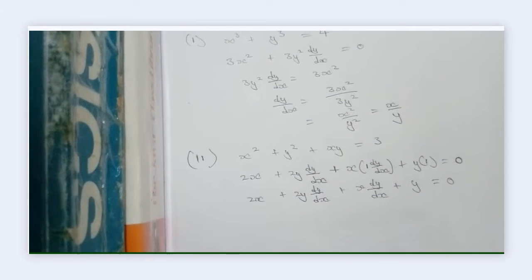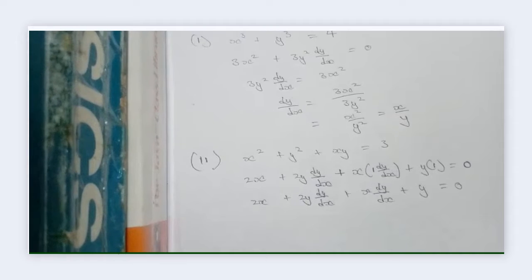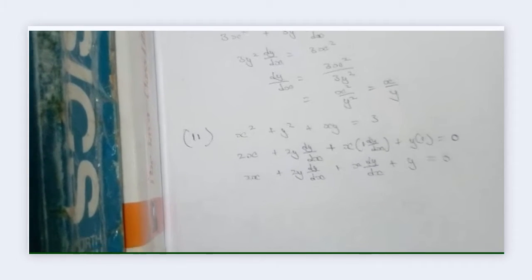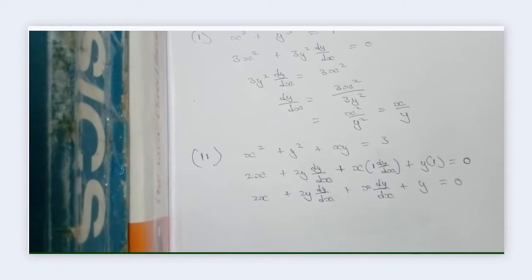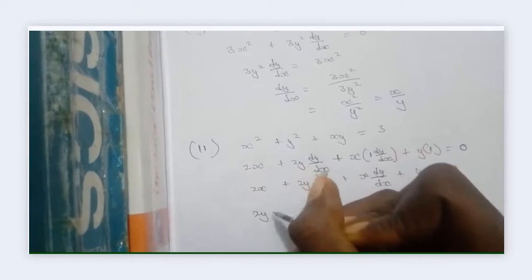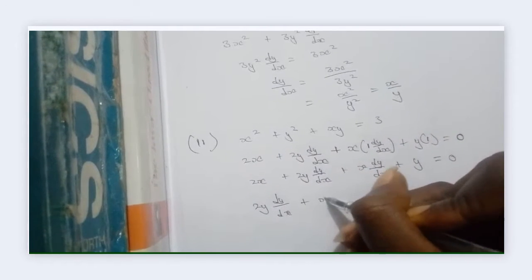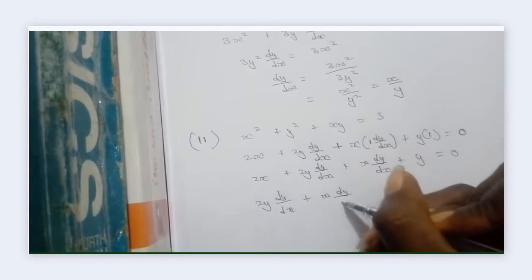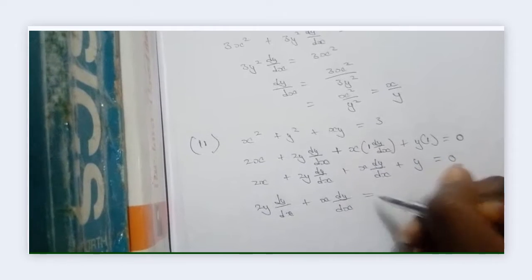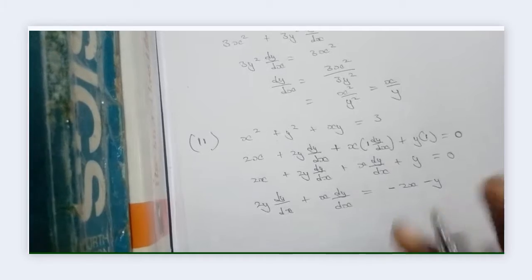So we can now collect the like terms, taking dy over dx to one side and the terms that do not contain dy over dx to the other side. So this will be 2y dy over dx plus x dy over dx equals minus 2x minus y.